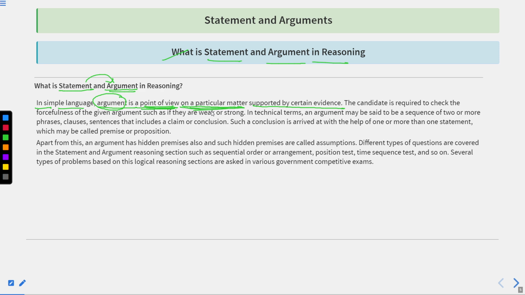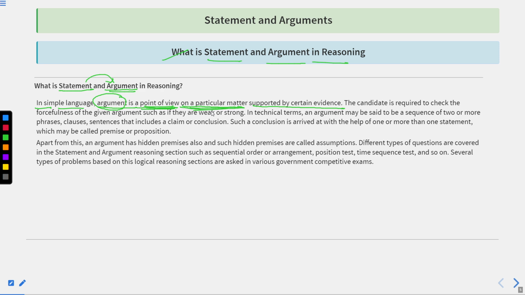But the very first statement that we gave during the initial discussion of our statement and argument, where I told you that it is a distraction. It is a source of distraction, nothing but a source of distraction. This can be an argument, a viewpoint for somebody, but is it directly related to the statement?